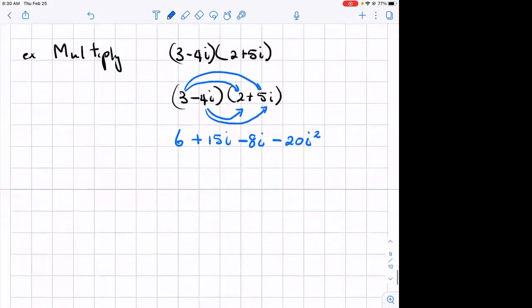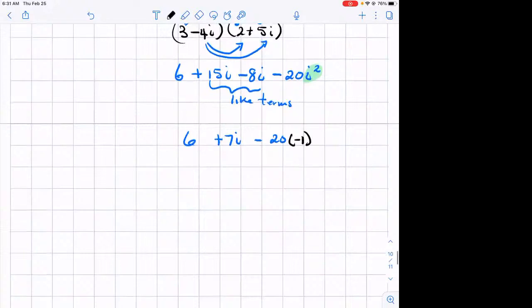Now simplifying this, we have 6. These are like terms. Okay. So 15i minus 8i becomes plus 7i, minus 20i squared. But remember, i squared we established before, i squared is minus 1. Okay? Whenever we see i squared, we write minus 1.